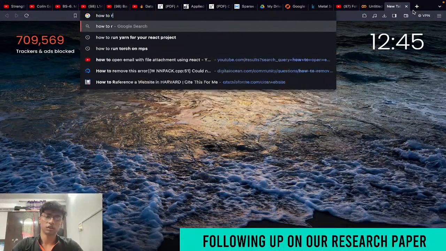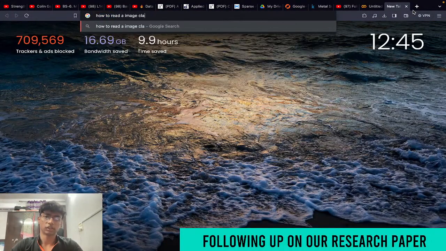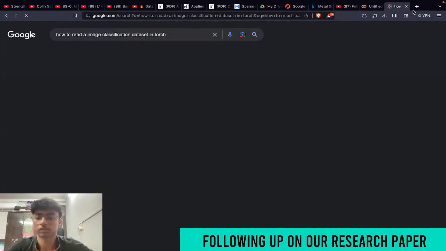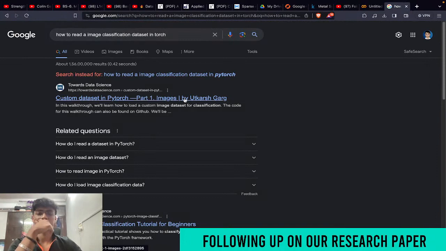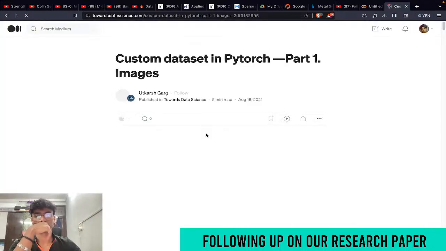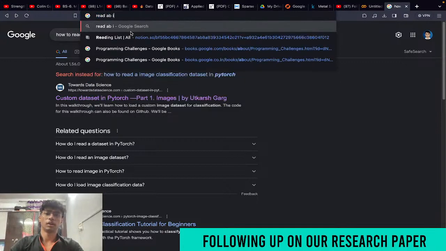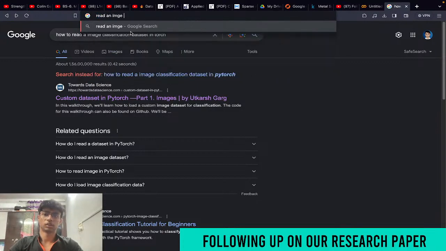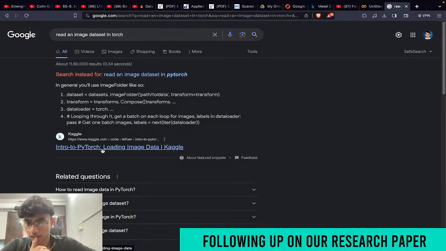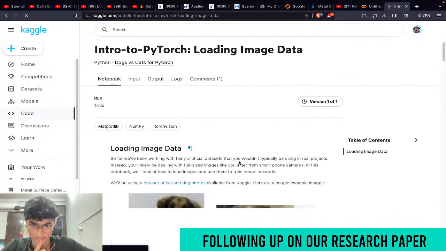How to read an image classification dataset in Torch. Read an image. Yeah, this is it, right?